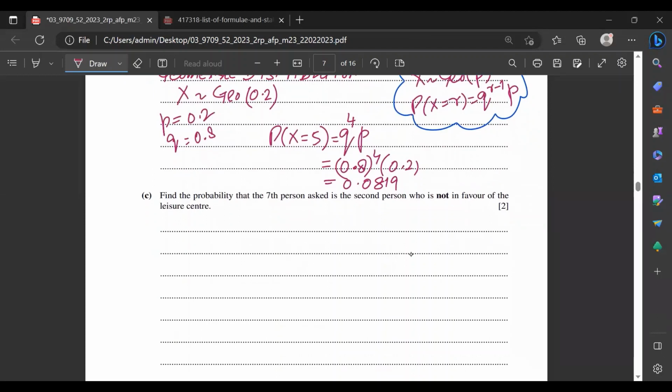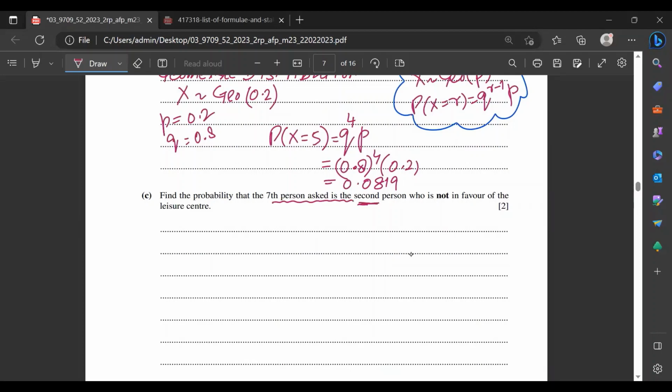Third part is find the probability that the seventh person asked is the second person who is not in the favor of the club. Again, there are two methods for solving this question.